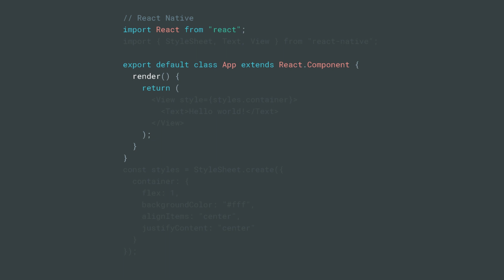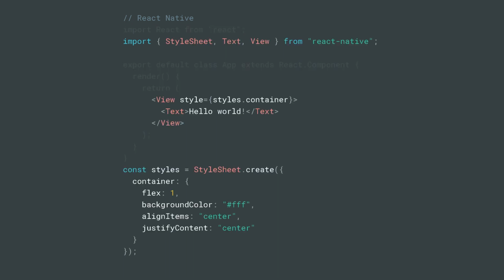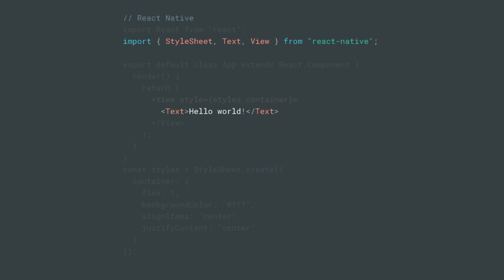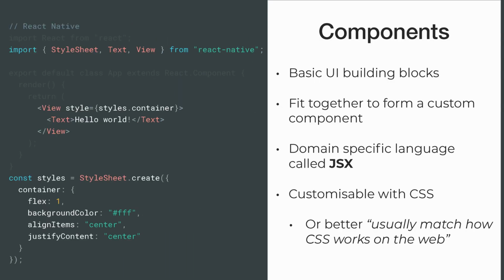The render method in React is the main entry point of our component, where we declare all the stuff that we want to view in our UI. In this case, there is a view with a text inside. View and text are components. Components are the basic building blocks to build user interfaces.